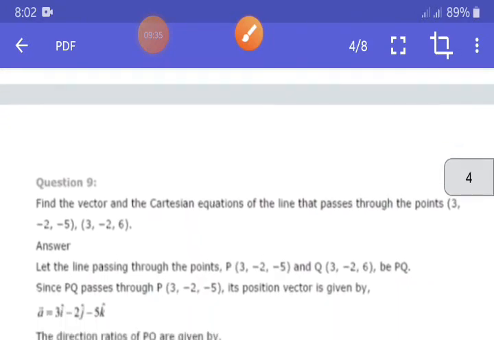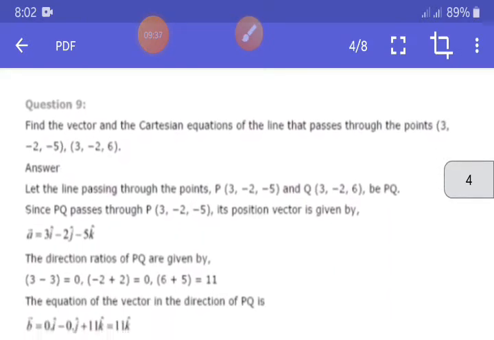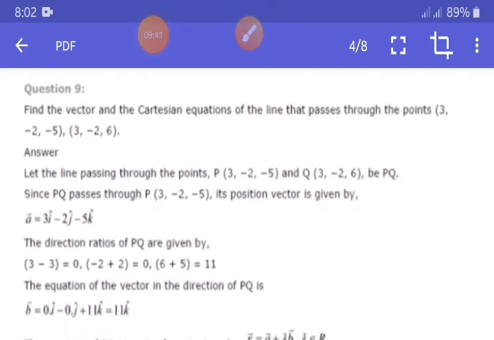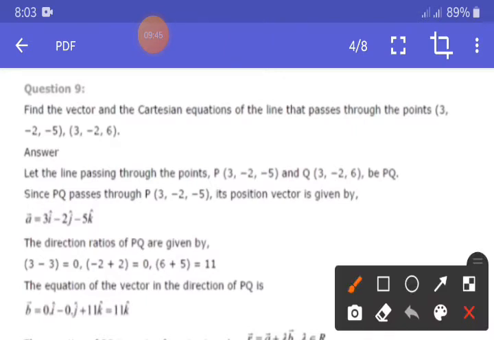Next, question number 9. Find the vector and Cartesian equation of the line that passes through the points (3, -2, -5) and (3, -2, 6).